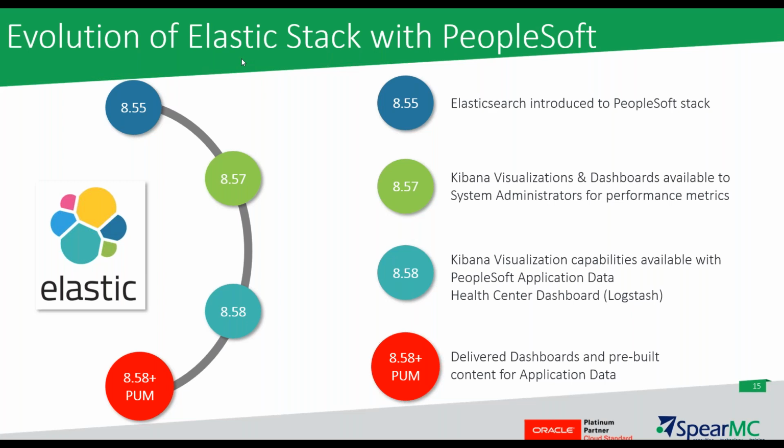So that was really, in my opinion, the game changer with Kibana and the Elastic company and PeopleSoft. It's the ability to view PeopleSoft data within this Kibana visualization tool, which includes applying security rules that have been defined for your data in PeopleSoft.